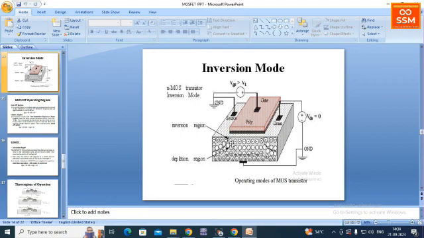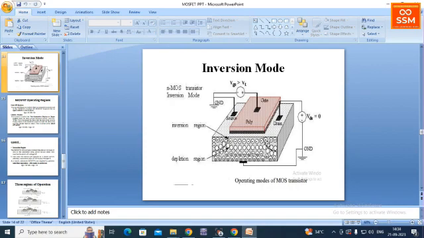As I have said, in the inversion mode negative electrons are deposited below the gate terminal. This region acts as a channel, because here there are negative electrons, here also negative electrons, and here also negative electrons. This region behaves like a single region, like a path, which we can call the channel, through which the majority carrier electrons move from the source towards the drain.